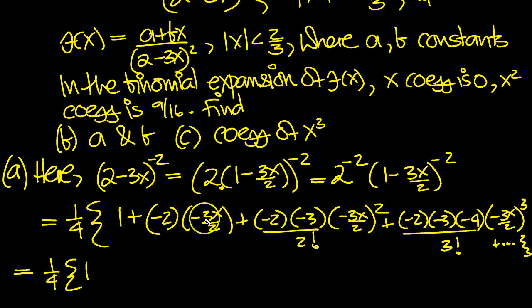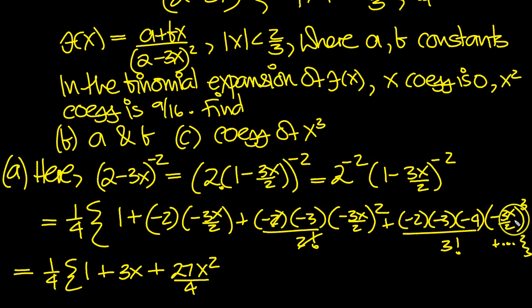2 minuses make a plus, one of the 2's cancels to leave 3x. Next, the 2 cancels here and here. There's 4 minuses to make a plus. There's 3 squared in total, so that's 27 x squared, and there's a 2 squared left, so that's over 4.